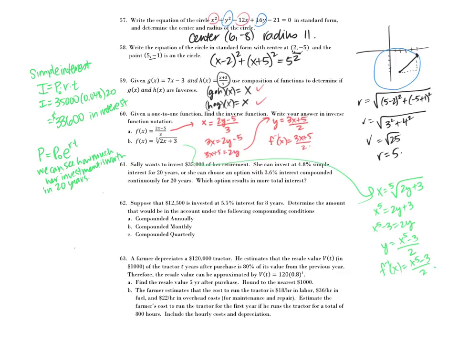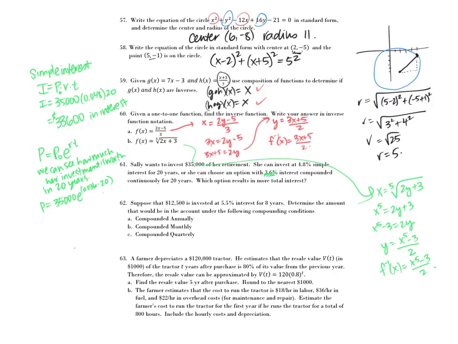Okay, so we can do P equals 35,000 e to the 0.048 times 20. Oh, sorry, it's not, it's 3.6%, excuse me. So let's do that 3.6%. There we go, 0.036, sorry. That's what she's doing for compounding continuously.